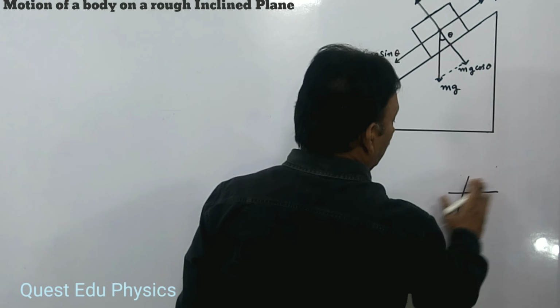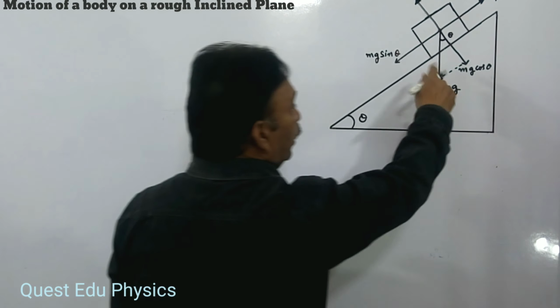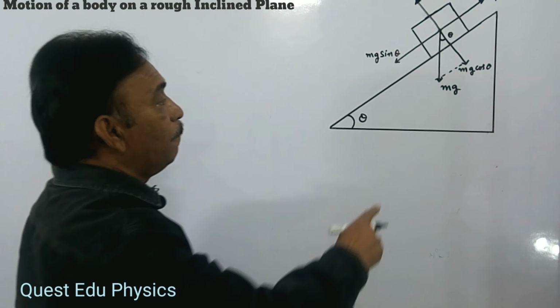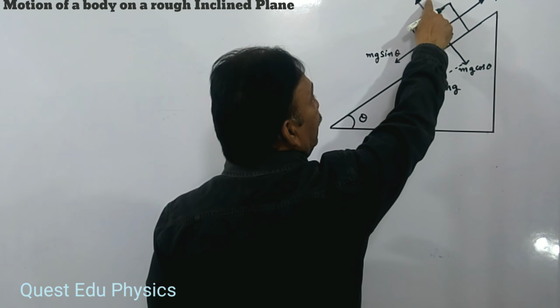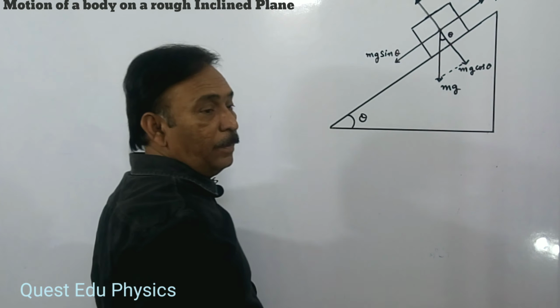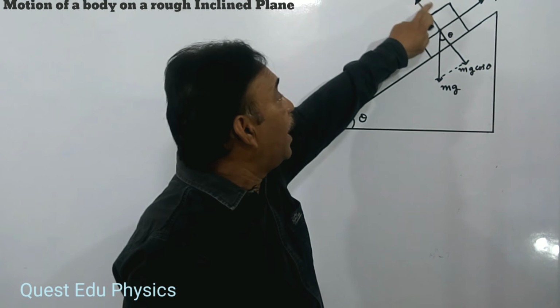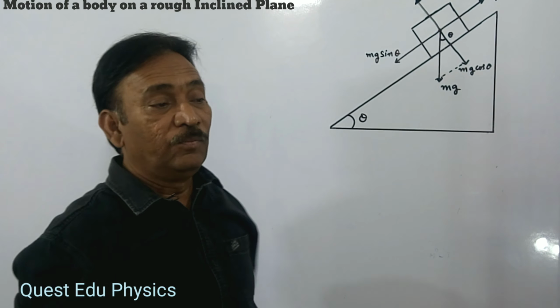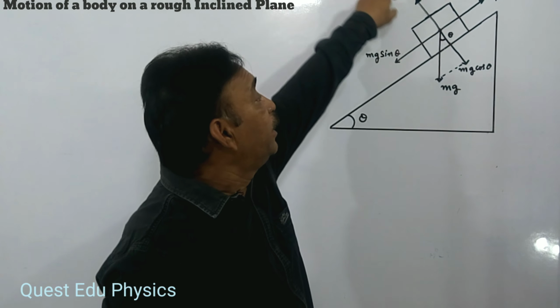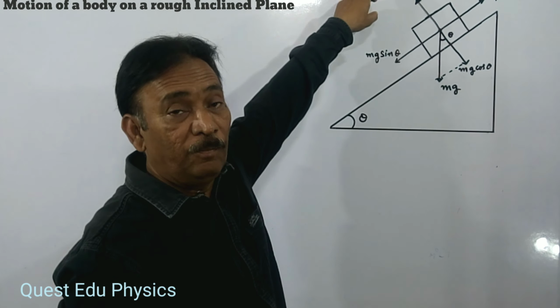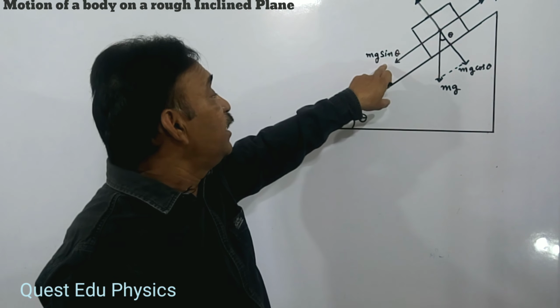Let's see what happens here. Here it is mg cos theta and it is m. mg cos theta balances with the normal reaction. That's why there is no vertical motion of the body. Here, what is the condition?